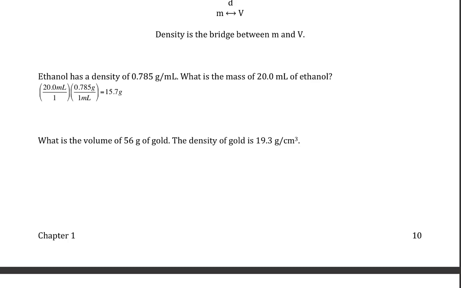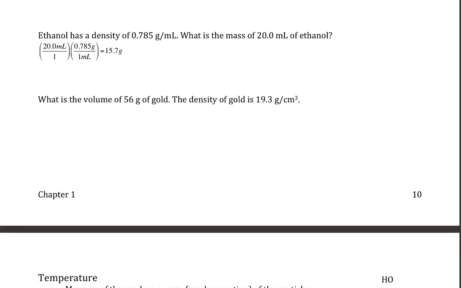So we put the 1 mL in the bottom, and the 0.785 grams in the top. mL cancel, so we multiply 20.0 by 0.785 and get 15.7 to 3 sig figs, and our unit is gram. And here's an example for you to do and check your answers.